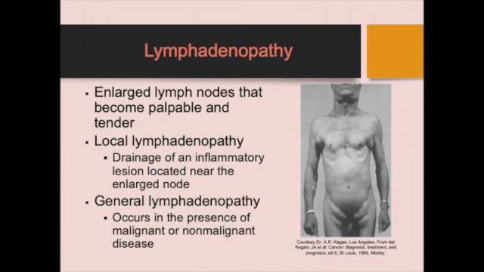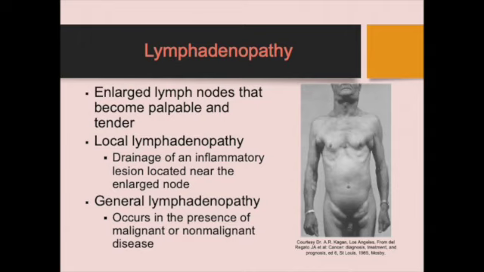Enlarged lymph nodes that become palpable and tender can occur due to local or general lymphadenopathy. Local lymphadenopathy is enlargement of a lymph node in just a specific region, and it's often a response to an inflammatory process of something nearby, which is draining into that lymph node.